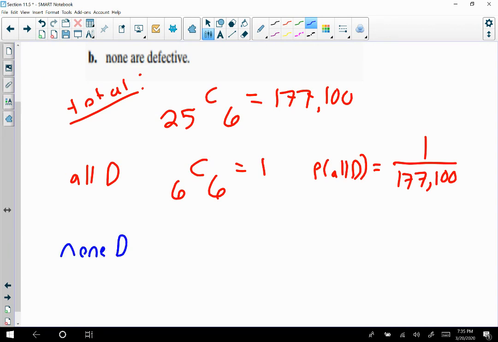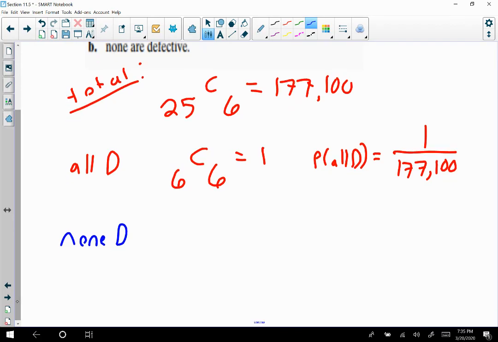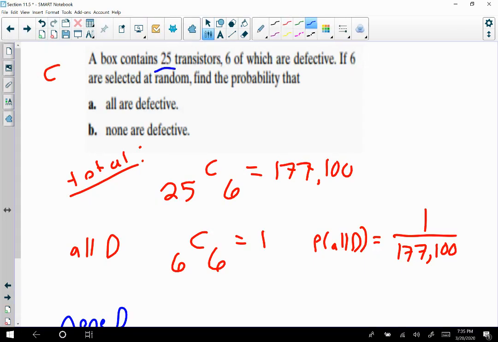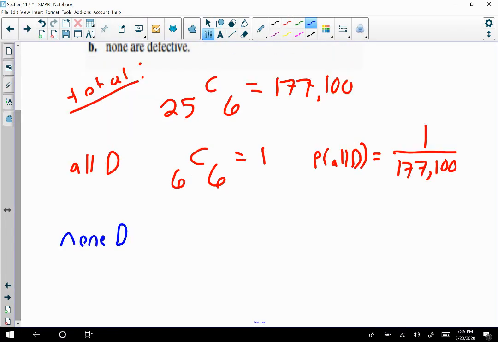Part B, this time it says none are defective. So that means we're just talking about the other group. If you're not defective, that means you're working. So how many transistors do I have that are working? Well, there are 25 transistors total. 6 are bad. So if I take 25 minus 6, that means there are 19 transistors that are not defective.